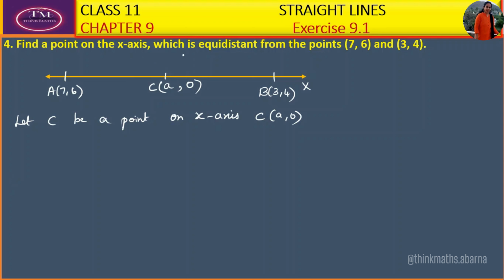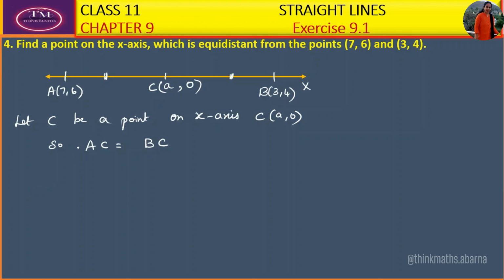This point is equidistant from the points A (7, 6) and B (3, 4). That is, the distances between these two are the same. So we have AC equal to BC.